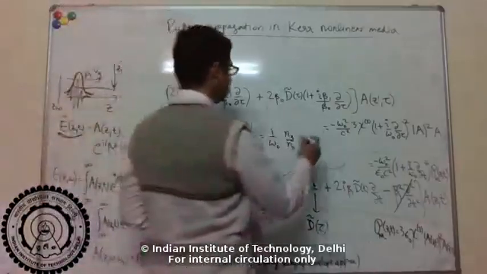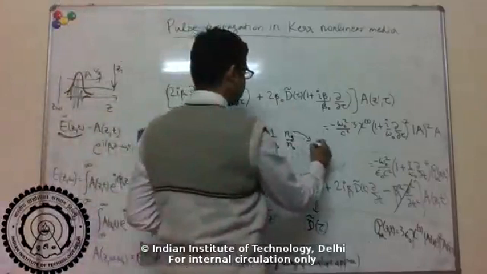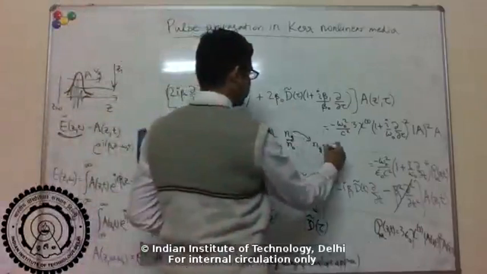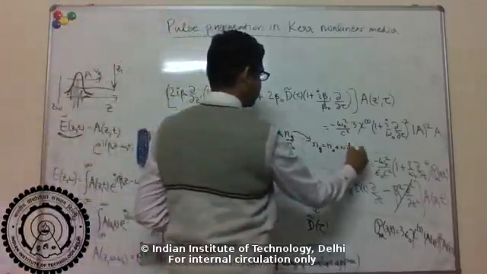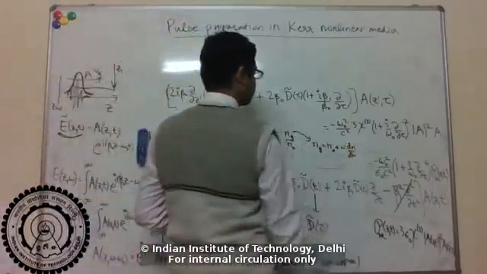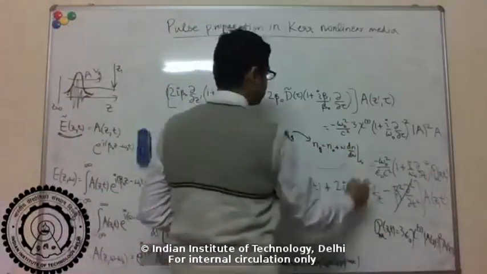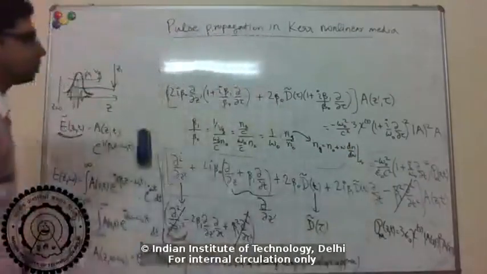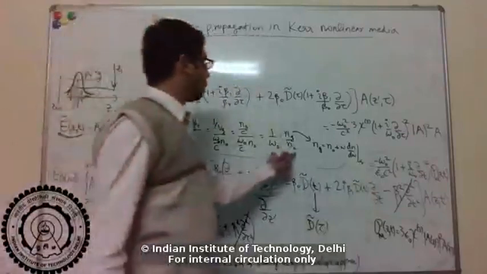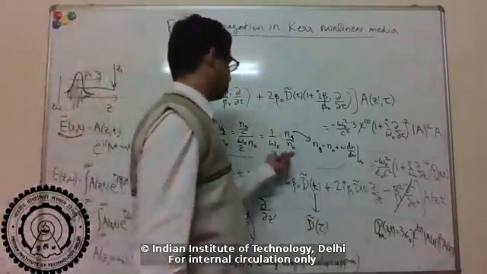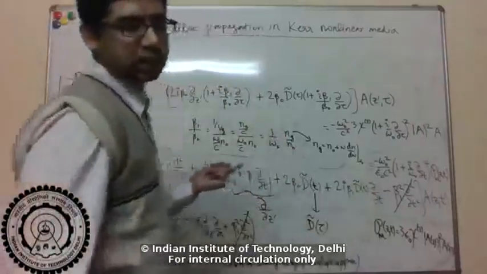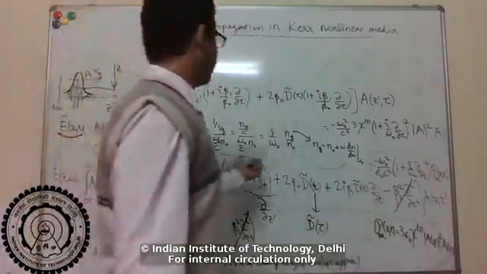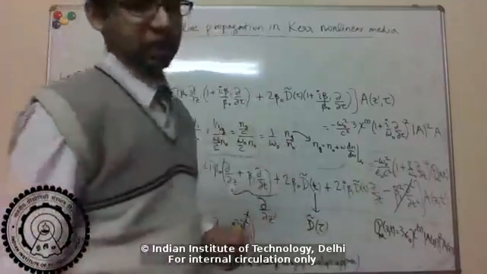Right? So I don't know if you remember from your basic optics course, this Ng is related to n naught like this, right? Dn by d. Right. So typically, in most cases, this Ng and n naught are very close. They are not exactly the same, but typically they are, let's say, within 10% of each other.